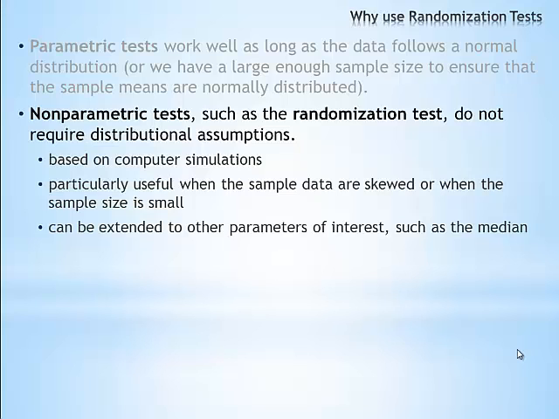Nonparametric tests, such as the randomization test we're going to talk about in this chapter, are particularly useful when the sample data is skewed or when the sample size is small. In addition, nonparametric tests have the advantage that they're not restricted in the parameters we test. In introductory statistics classes, almost all the hypothesis tests that you conducted were based on the mean, but nonparametric tests can be extended to other parameters of interest, such as the median.